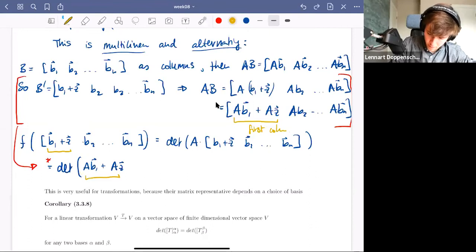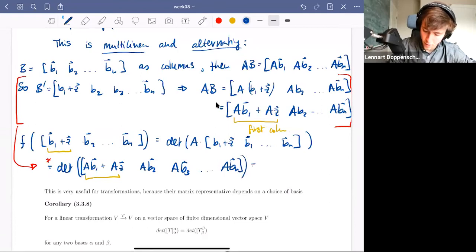So this is a matrix with the first column being a sum of two vectors, and then we have the usual columns unchanged after that, up to Bn. And so now we use that the determinant is multilinear.